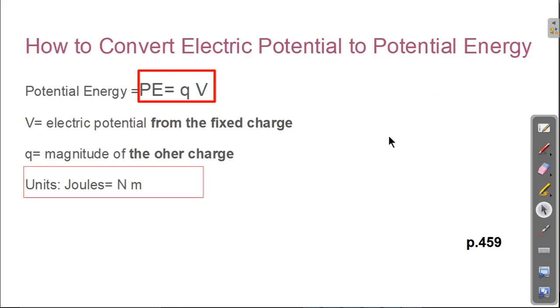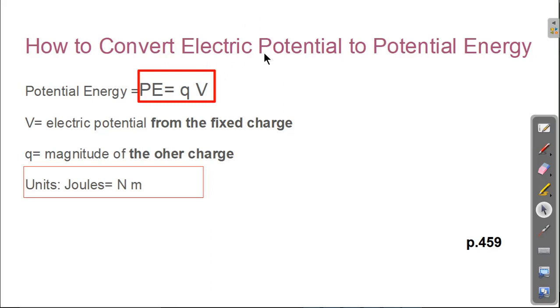How to convert electric potential to potential energy. Remember that the electrical potential gives us potential energy that can then convert into kinetic energy, which will translate into work later. So potential energy is Q times V, where Q represents the charge that can move, the movable charge, and V is your electric potential.